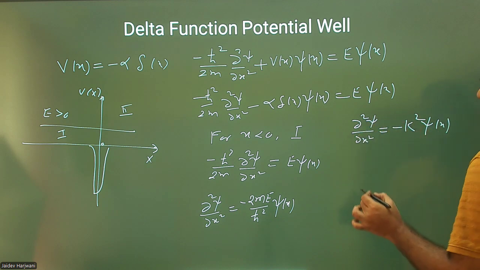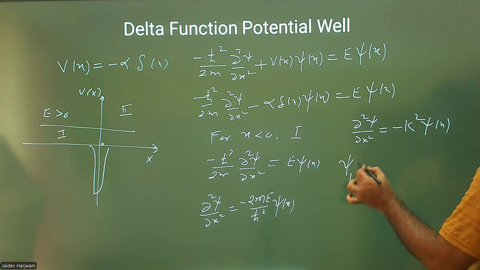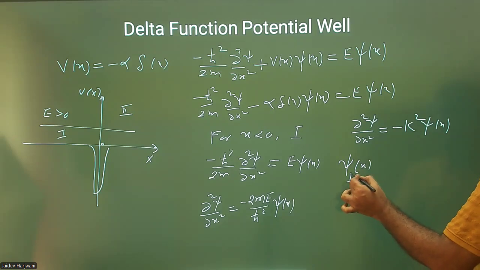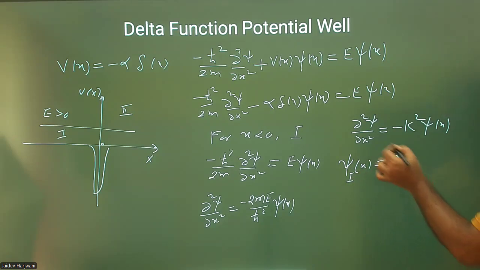The solution of this equation will be, for region 1, ψ1(x) equals A e^{ikx} plus B e^{-ikx}, as it is a simple harmonic motion type of equation.